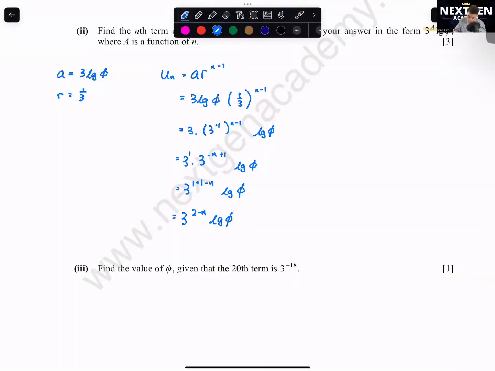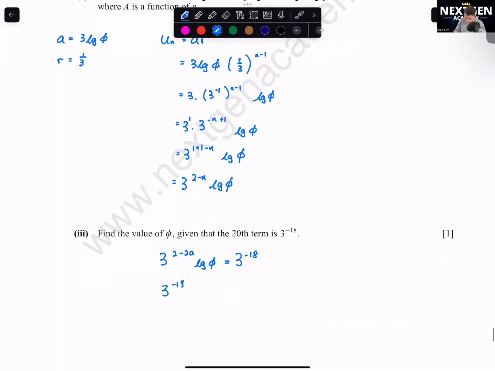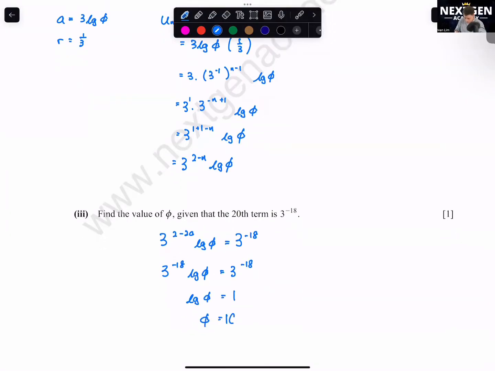So here you will get 3 to the power of 2 minus 20 log 5 is equal to 3 to the power of negative 18 log 5. This equals 3 to the power of negative 18 log 5, so I divide both sides by 3 to the power of negative 18. This will be 1. Therefore, phi is equal to 10 to the power of 1, which is equal to 10.